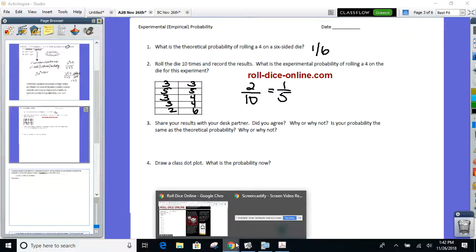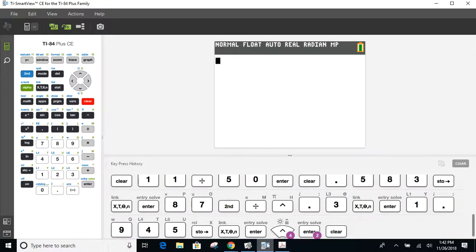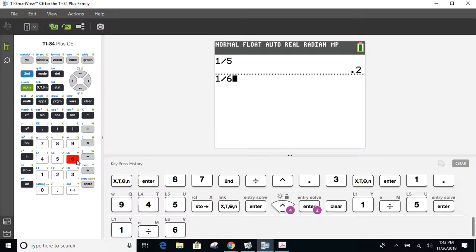Here you go, watch. You can use your calculator for this. Mine was 1 out of 5, which is just 0.2. And then what should have been is 1 out of 6, which, mine's pretty close. I don't know, any you guys? Pretty close or no? Just on your 10 rolls alone? Yes, no? Trying to hear some discussion here.